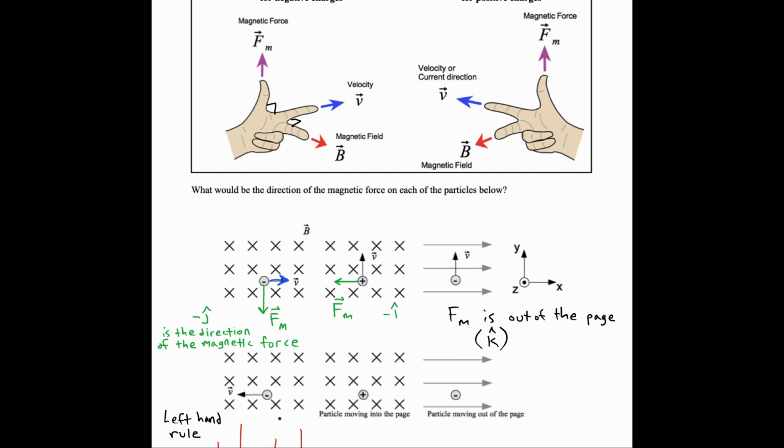For the remaining three, the answers would be j hat. There will be no force in this middle one. And negative j hat.